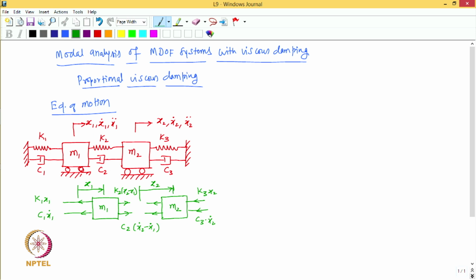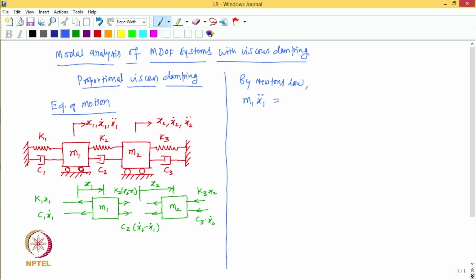Now let us apply Newton's law to write the equilibrium equation for each of these two masses. By Newton's law, for mass m1, m1 x1 double dot should be equal to the algebraic summation of the forces acting on mass m1.